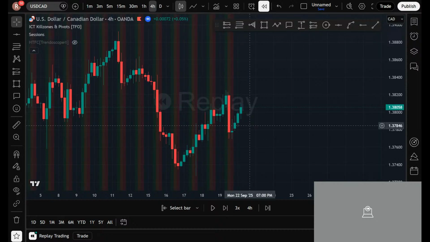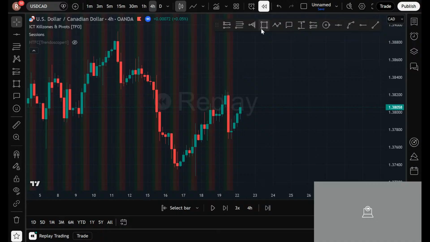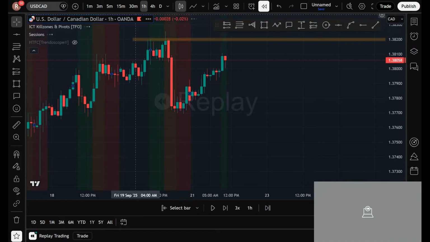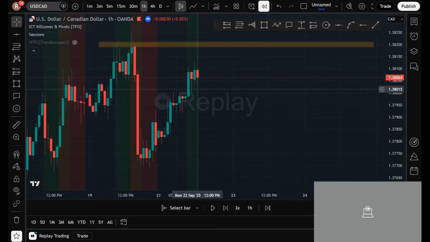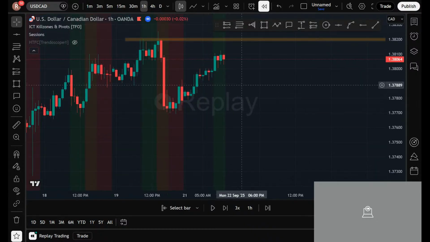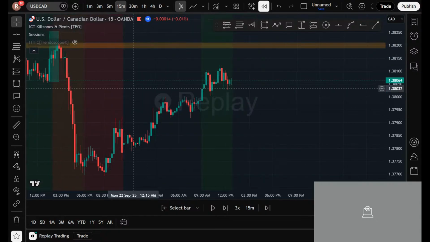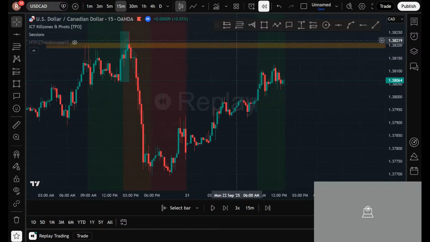So look, what do you think the next 4 hour candle will print? Absolutely bearish, because sellers are very strong, bro. This might just be an upper wick for the sellers. Buyers, sellers.